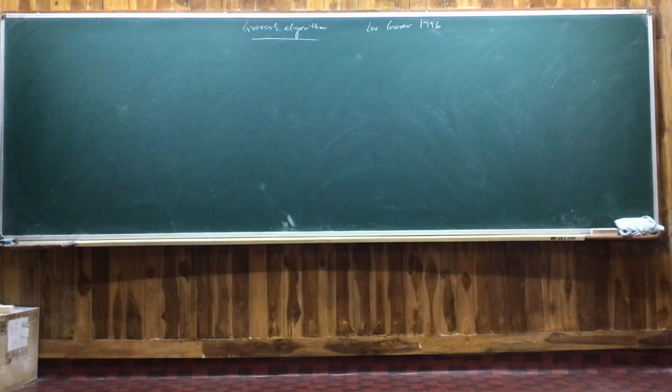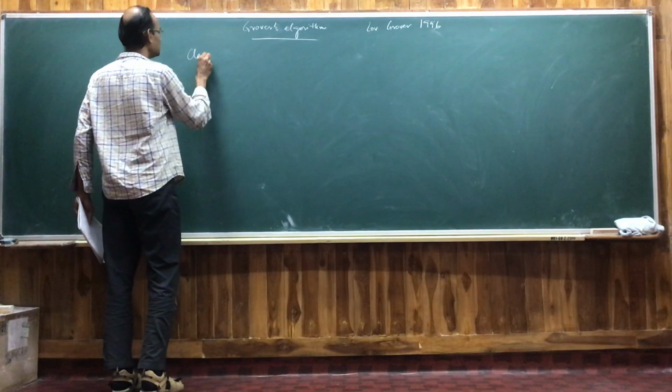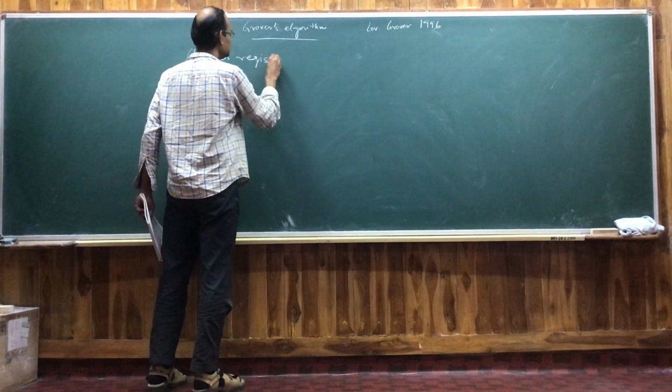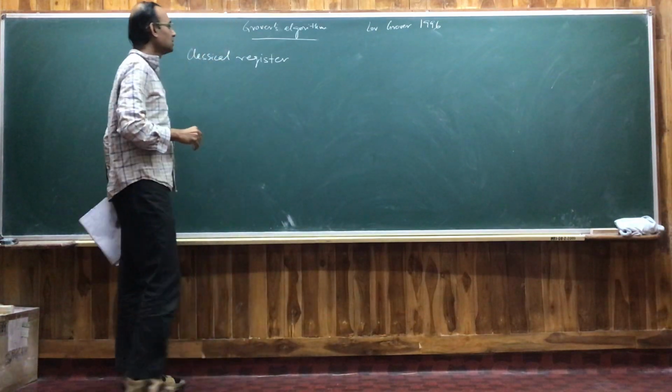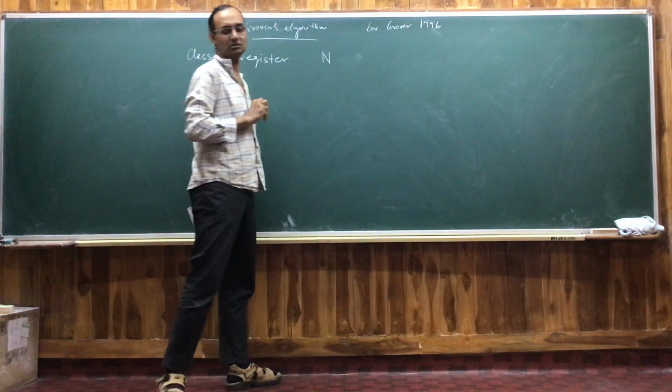So it is completely random. There is a classical register, and this register has some n entries, this n is very large.